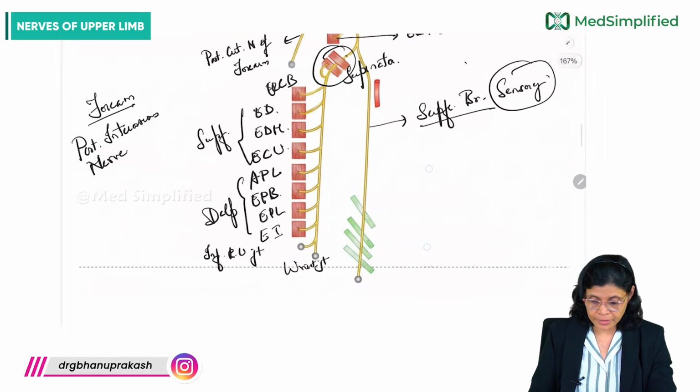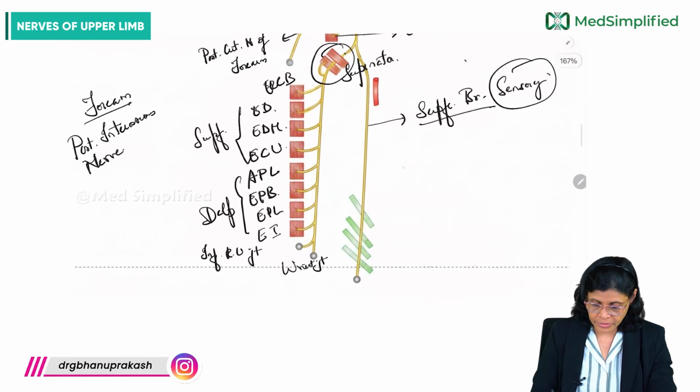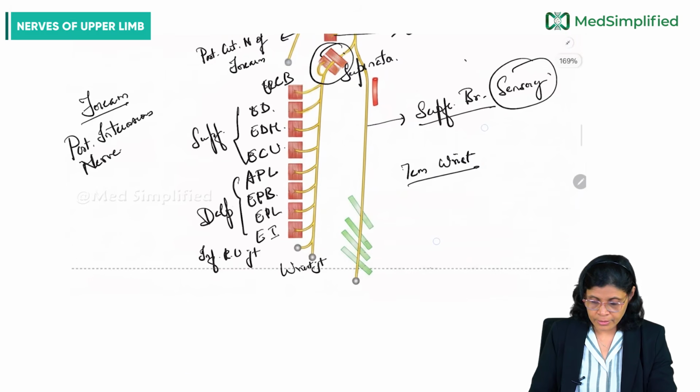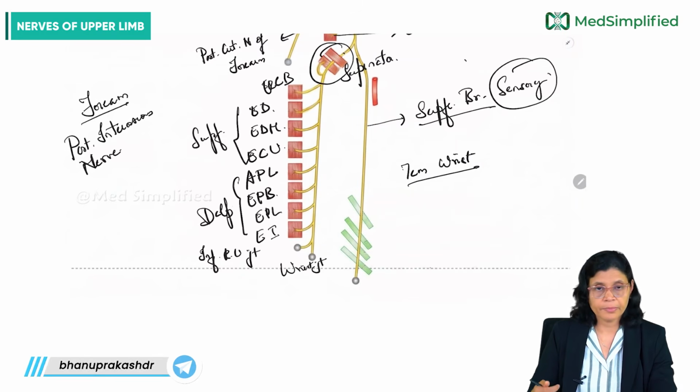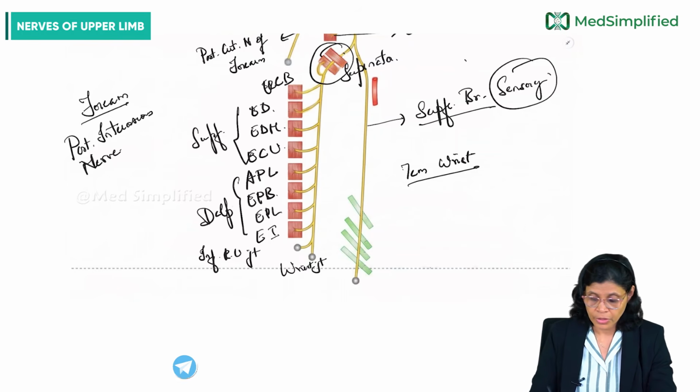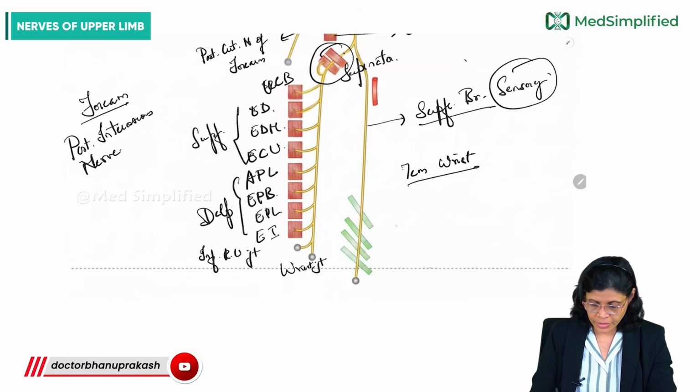And about 7 centimeters above the wrist, it passes posteriorly. It emerges behind the tendon of the brachioradialis, passes over the tendons of the anatomical snuff box, and then it terminates as the cutaneous branch.